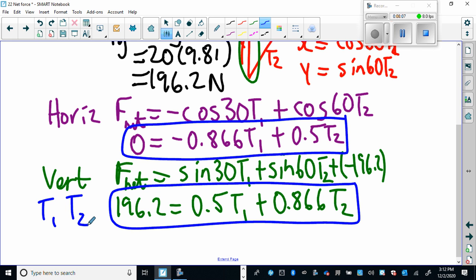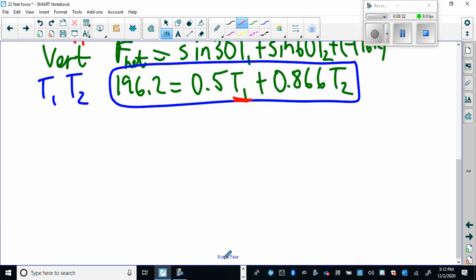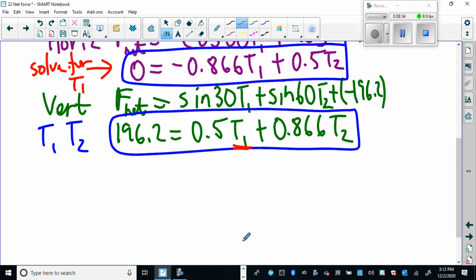Let's take the horizontal equation and solve it for T1. Once we've isolated T1, we're going to substitute that T1 in right here. So let's see how that works. Again, we're going to take this first formula. Actually, let's make a shortcut.